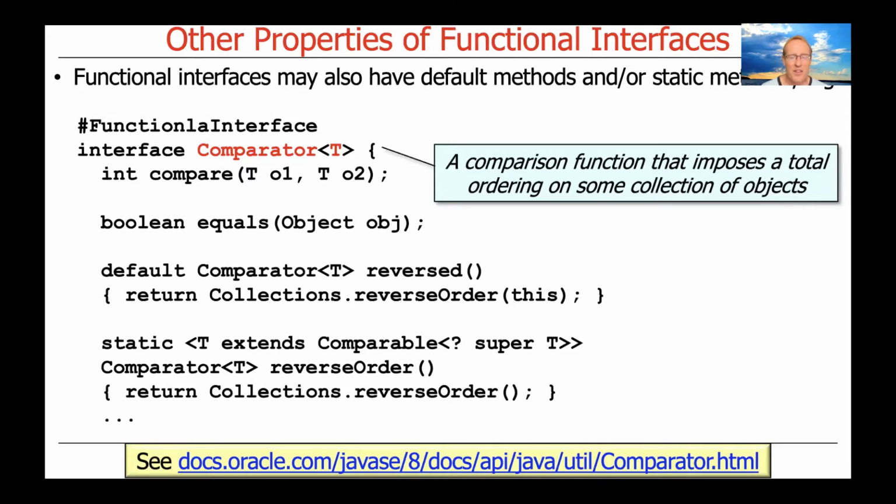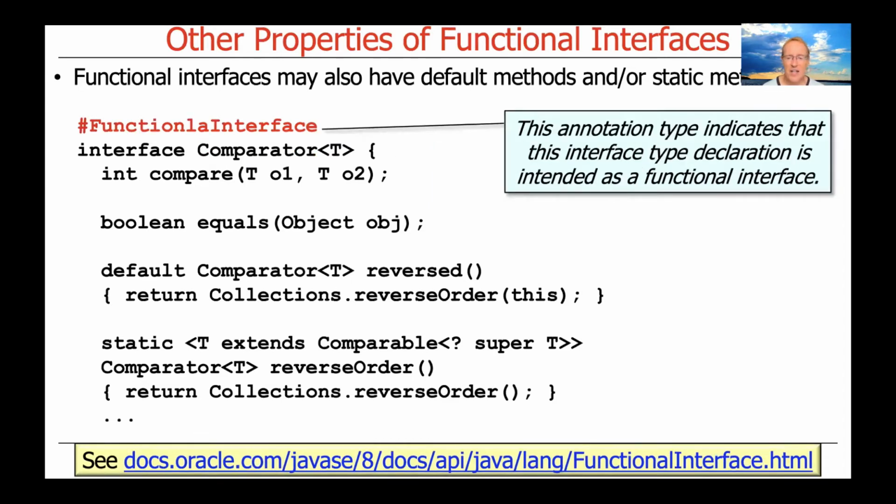The particular example we're looking at is something called the comparator, which is a function that imposes a total ordering on some collection of objects. We saw an example of this earlier when we were talking about the functional interface and sorting the stooge list of threads.